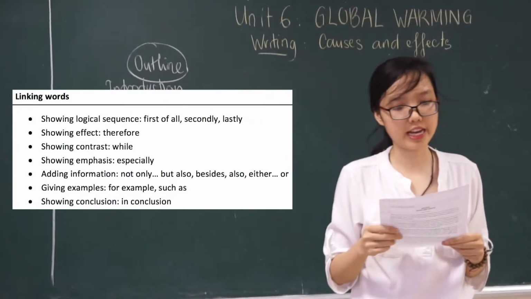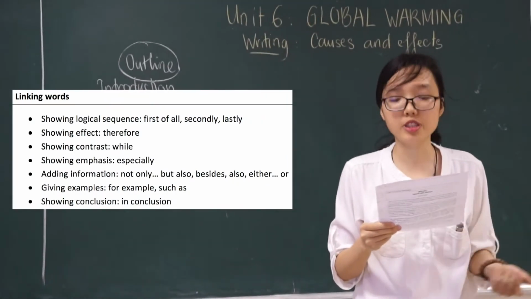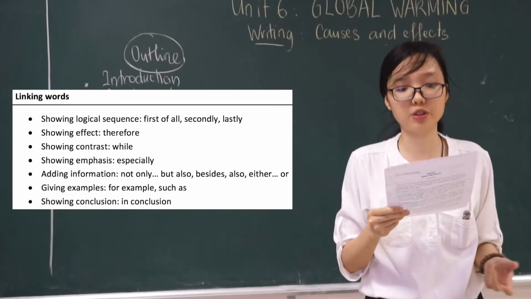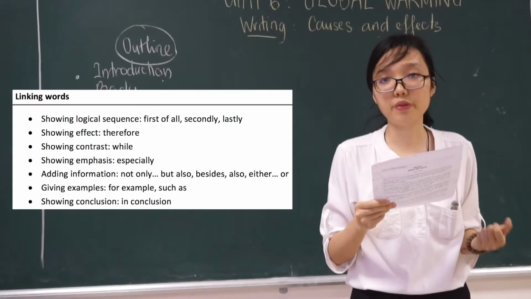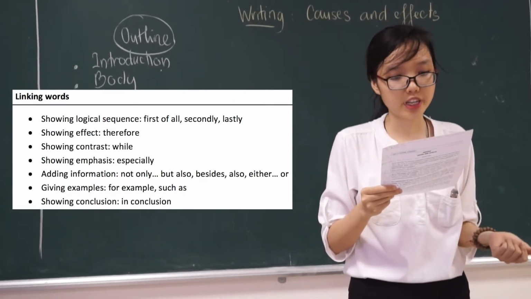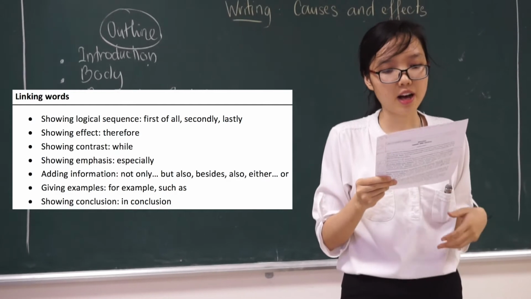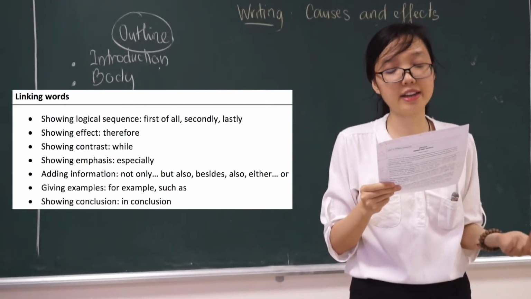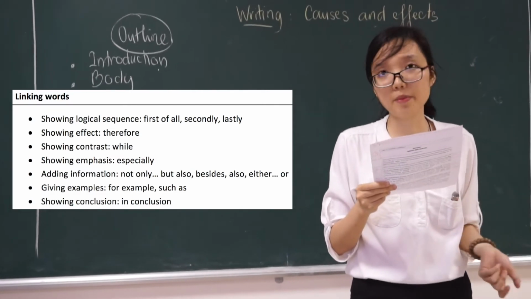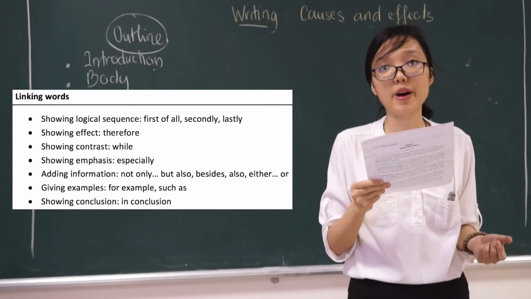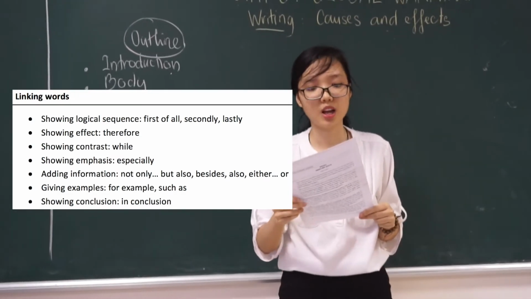For example, in this model text, we use first of all, secondly, and lastly to show logical sequence, therefore to show effect, why to show contrast, especially to show emphasis, not only but also, besides, also, either or to add information. We give examples by saying, for example, such as, and we show conclusion by saying in conclusion.